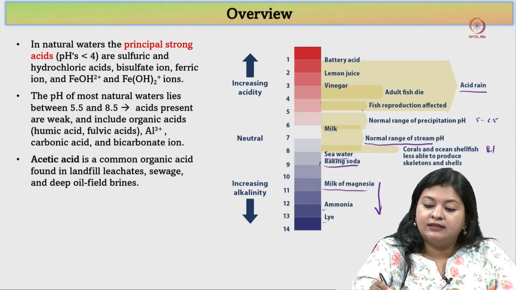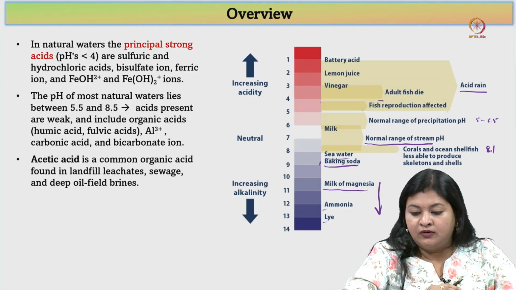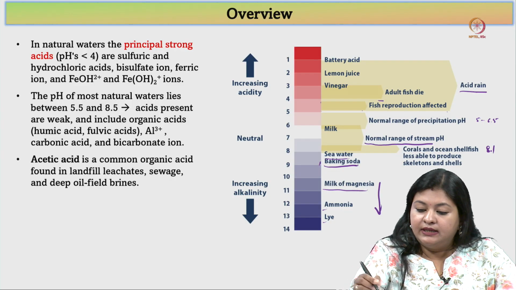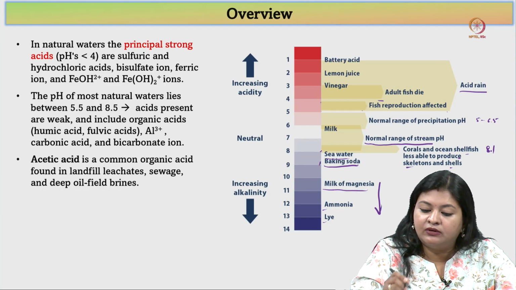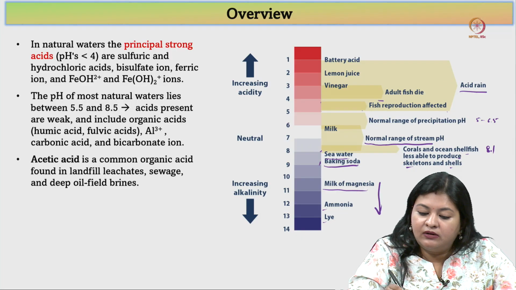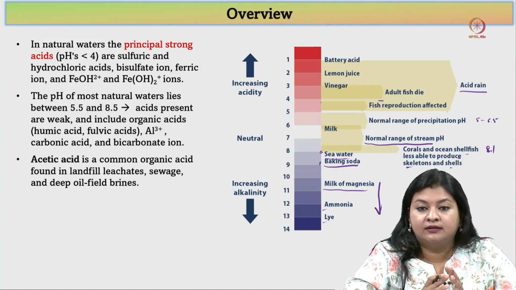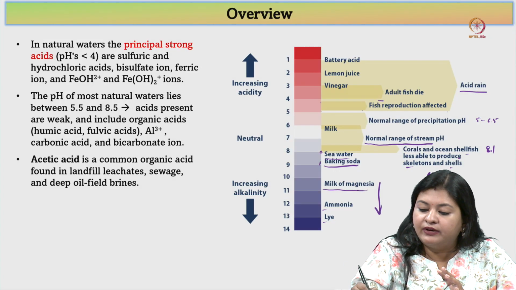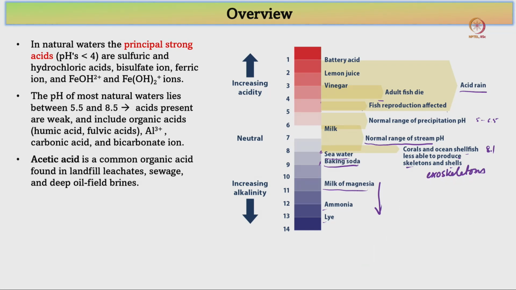Adult fishes start dying beyond pH of 4. It is too much acidic. So, they start dying. Let us see here, corals and ocean shellfish are less able to produce skeletons and shells beyond this particular value. So, beyond this value, their formation of exoskeletons gets harmed.